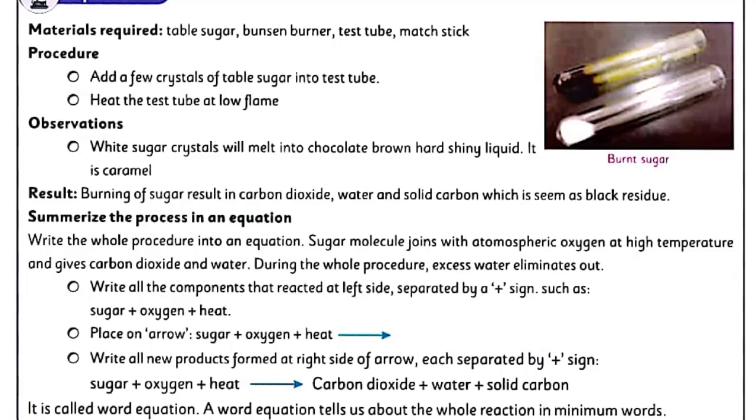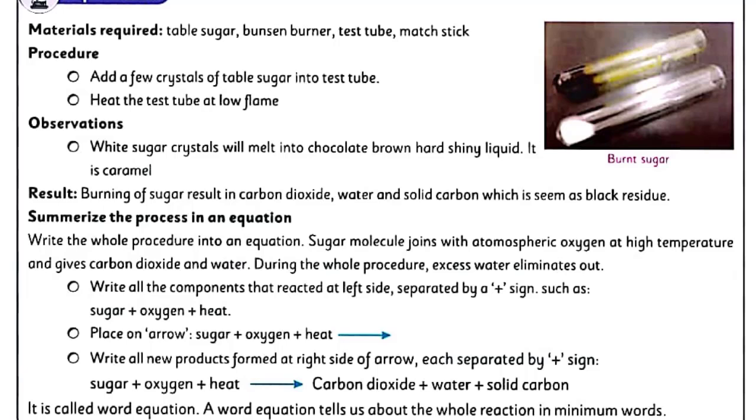Experiment 1. Materials required: table sugar, Bunsen burner, test tube, matchstick. Procedure: add a few crystals of table sugar into a test tube.